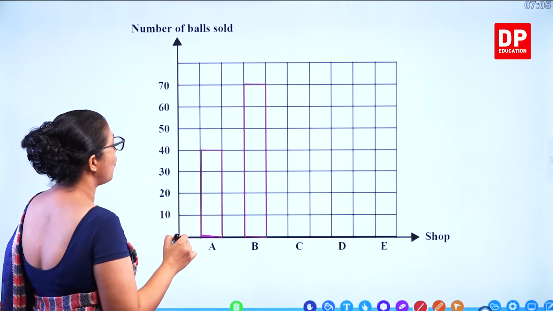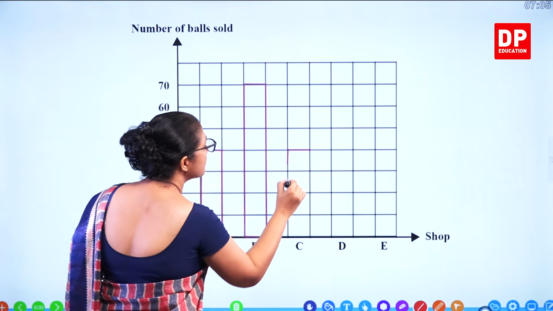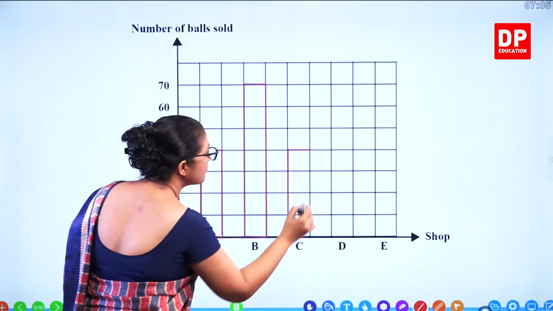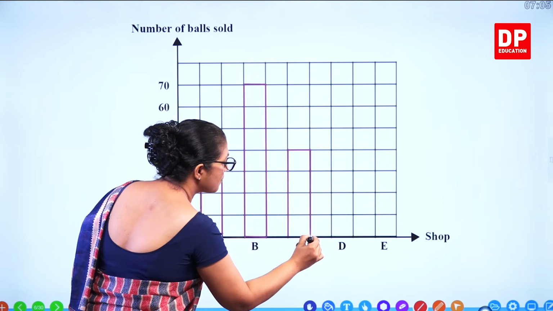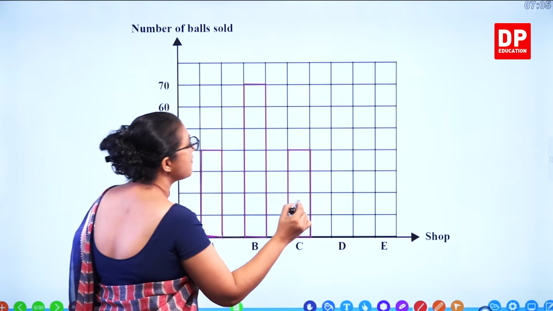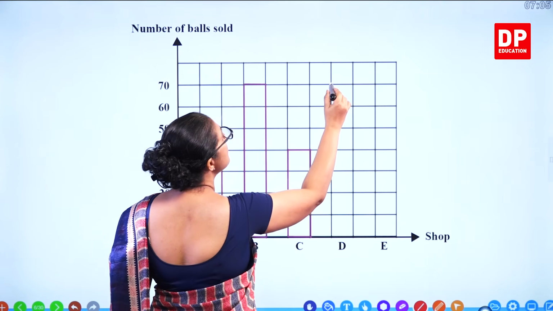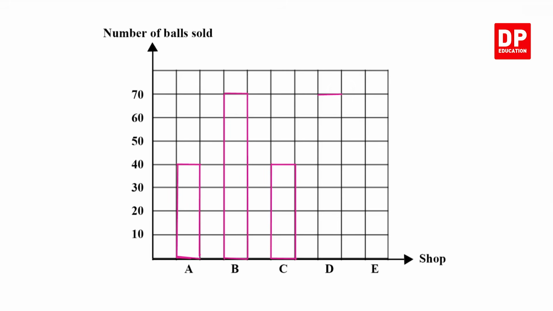And then 40 again. And 70. 70 is here. And what's the final one? Final one is 60.